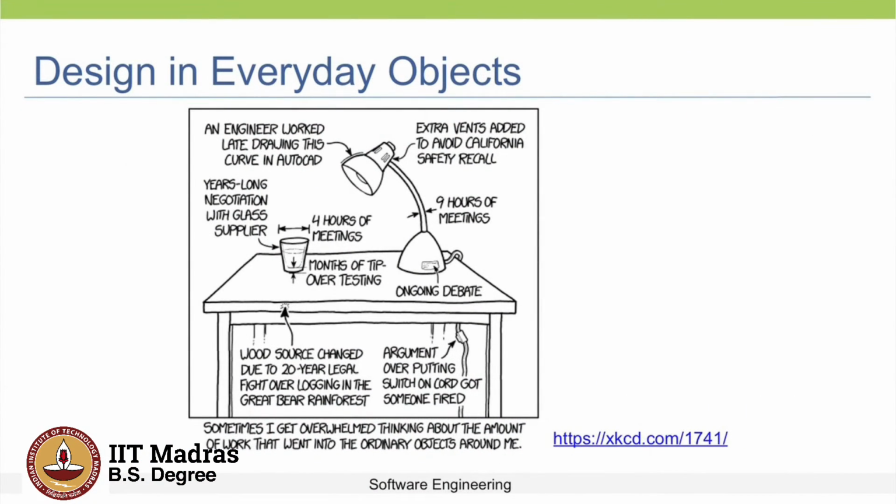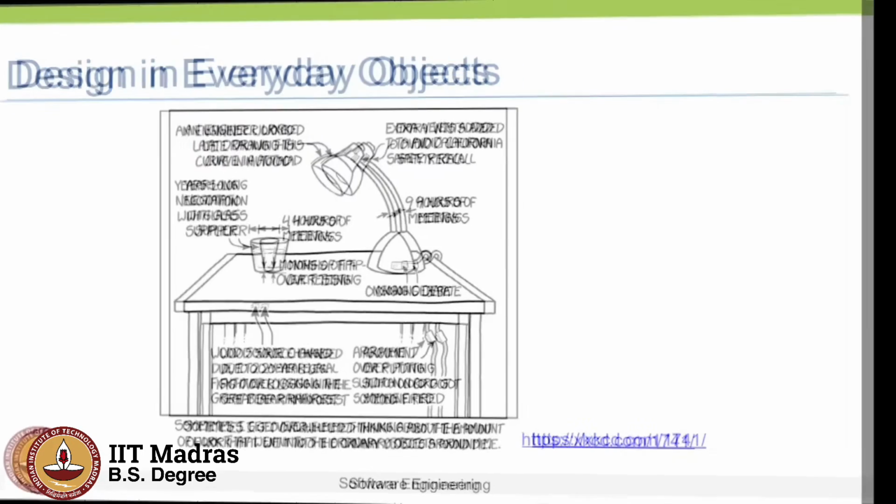So ordinary objects that we use every day have undergone several rounds of discussion and deliberation to come up with the final design. And this picture shows how much discussion and deliberation is needed to come up with an effective user interface.